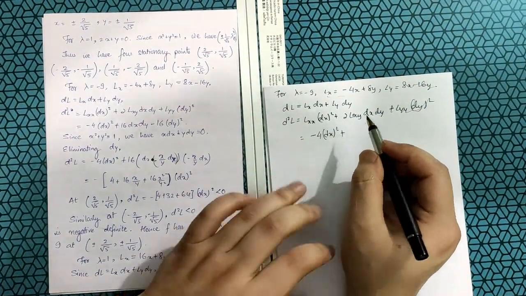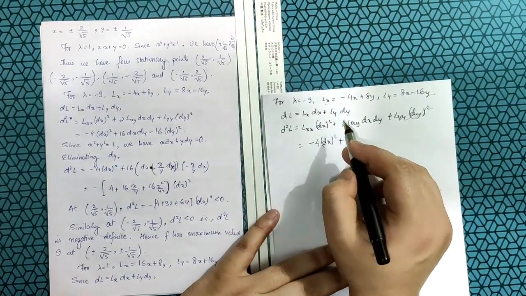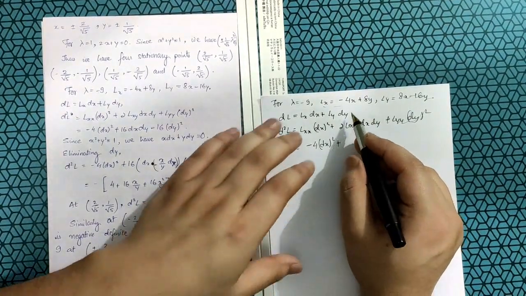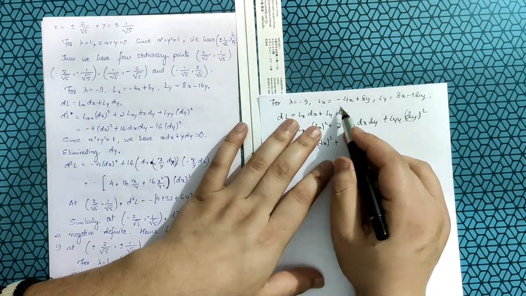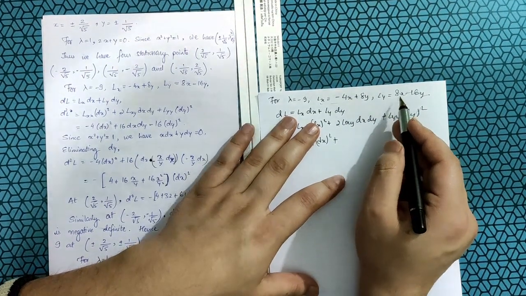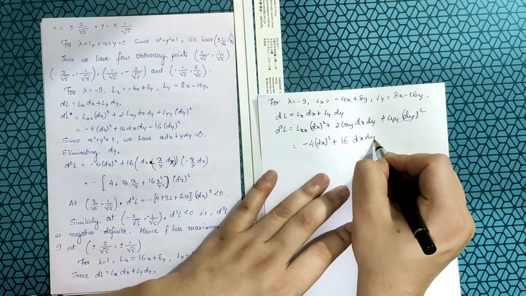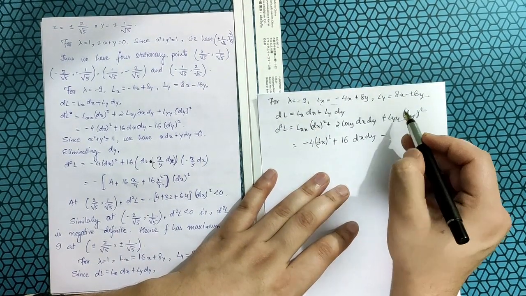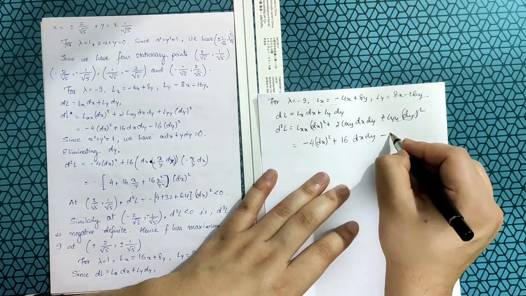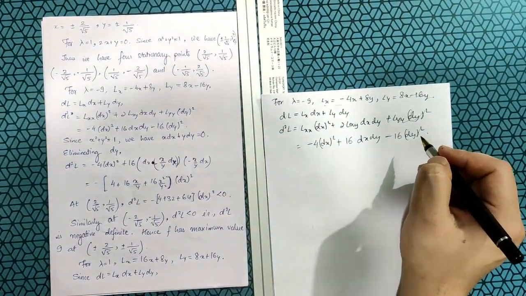Plus, again if we differentiate this with respect to y or x, with respect to y is 8 and with respect to x we'll get 8. So 8 plus 8 is 16 dx dy. Minus, again here, this is positive and here we'll get minus 16 dy square. Okay, so we have this.